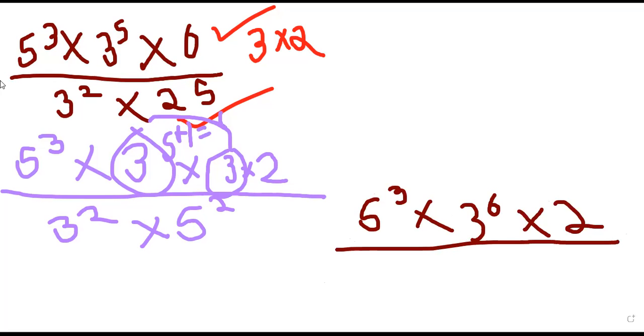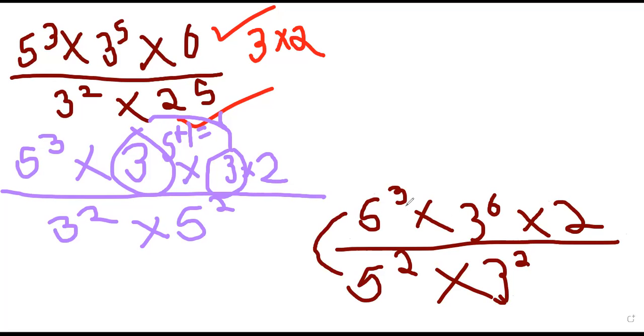Now I will do some arrangements. If 3 square and 5 square are there, we will exchange them. We will write 5 square into 3 square. The most important thing is if the bases are same, then only you can subtract the powers. If bases are not same, we cannot subtract the powers.